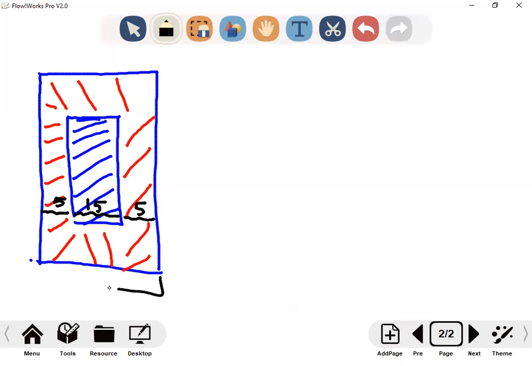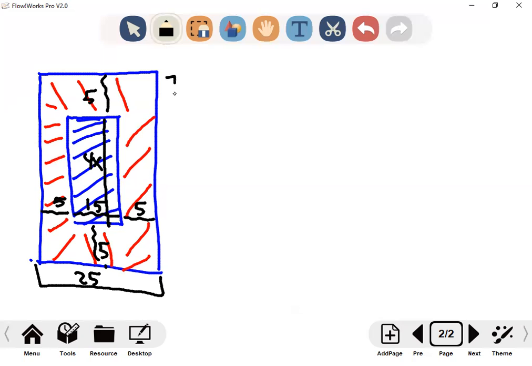So the whole length is 25. But I want the whole width now, right? This is another 5, right? And this one is 4x. If this is 4x, this should also be 5, the same, right?